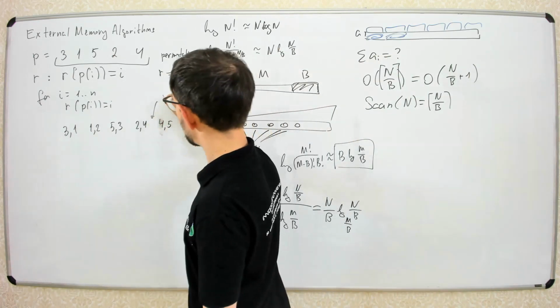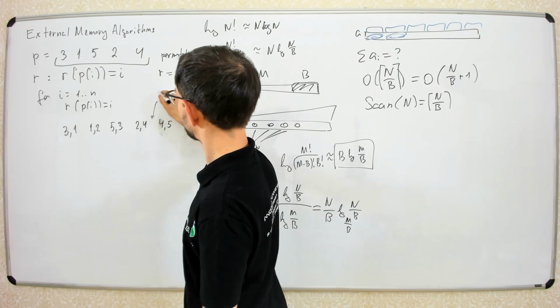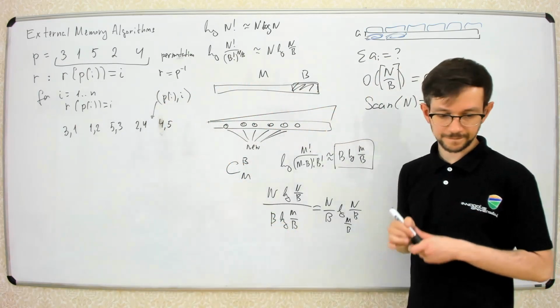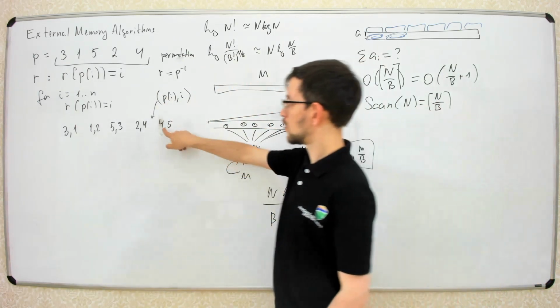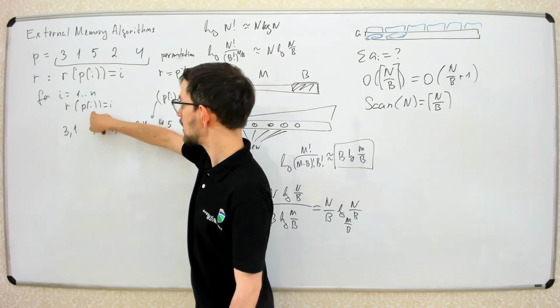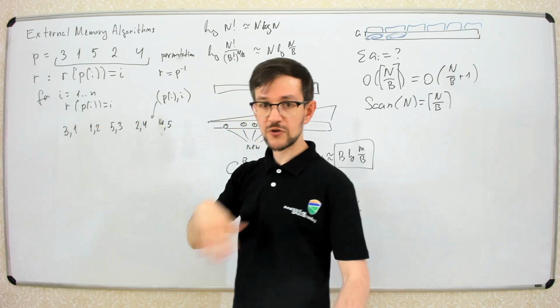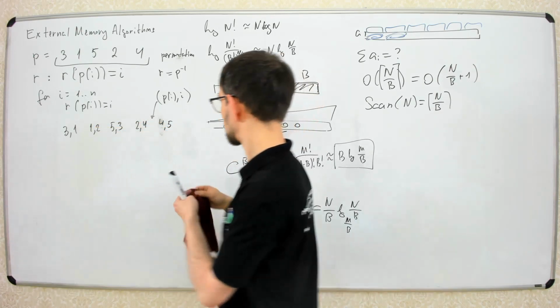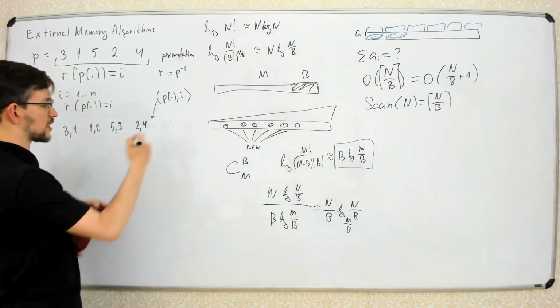So these are pairs P[i] and i. In this code, I want to put in position P[i] the value i. So let's write all these operations into a list.